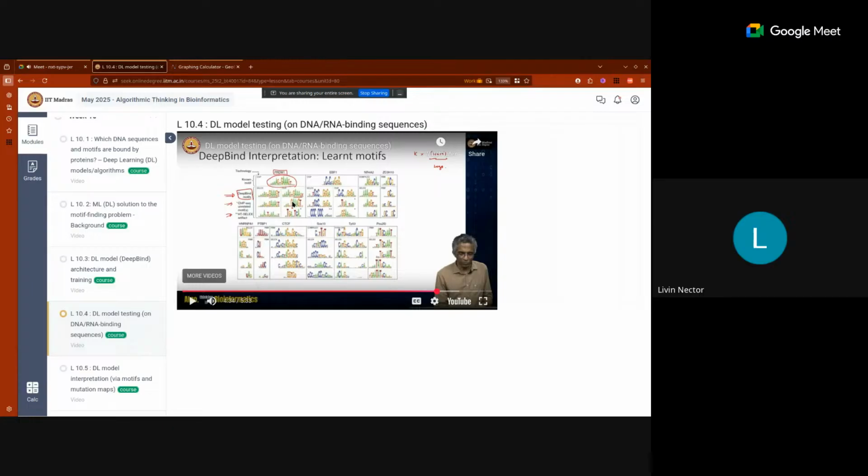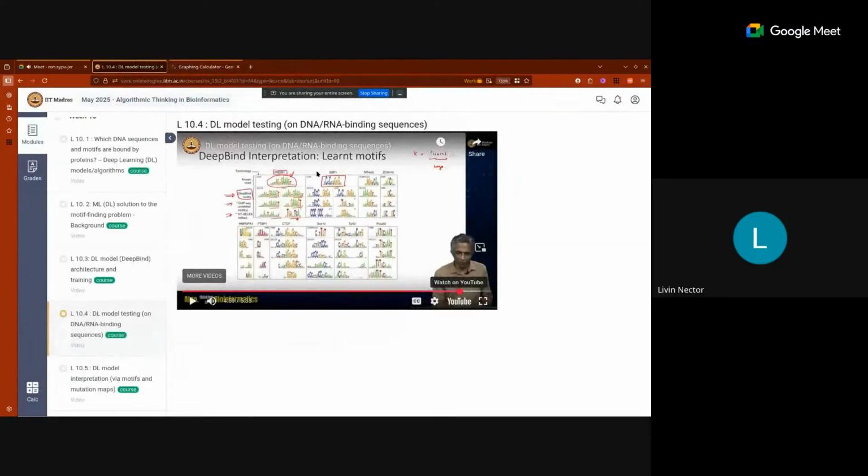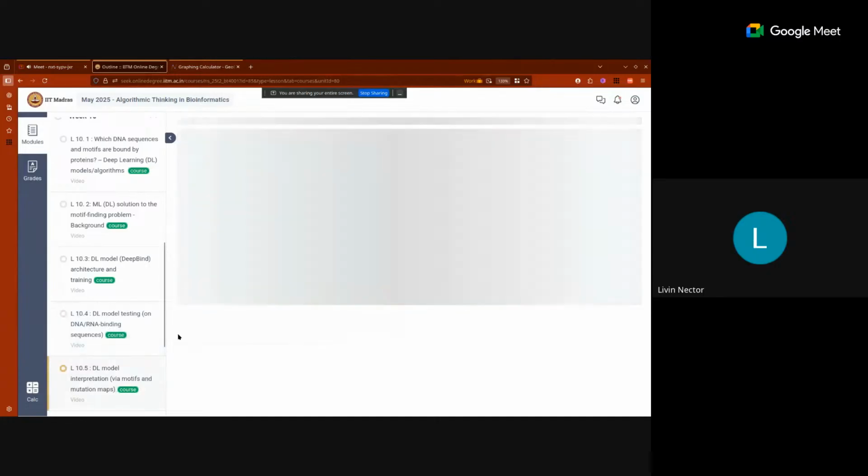This is something interesting that we found using the deep learning models. This is basically the results and findings of that.